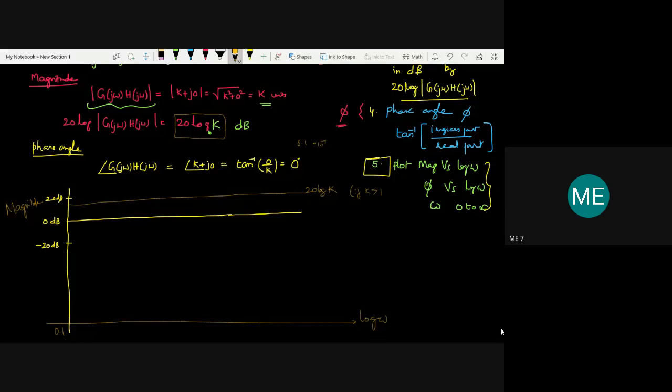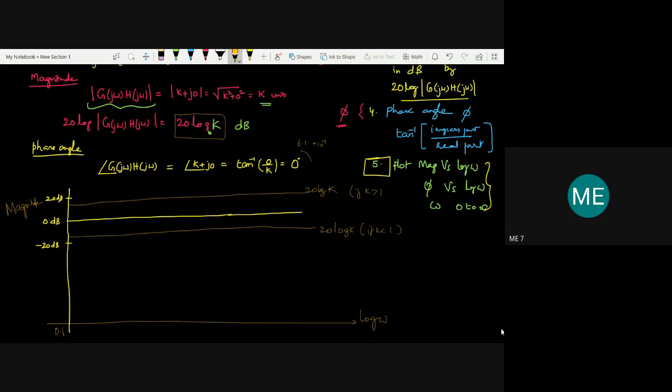So for any K value less than 1, the line will be below the 0 dB line. It depends on the K value. If K is greater than 1, it is above the 0 dB line, a line parallel to the log omega axis.